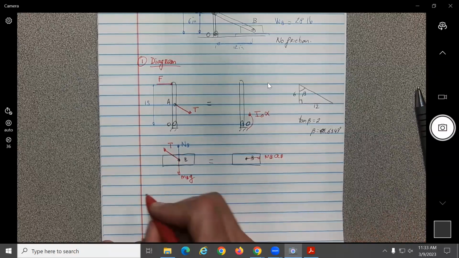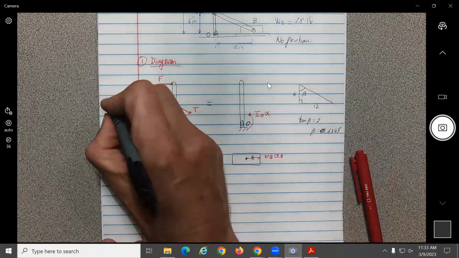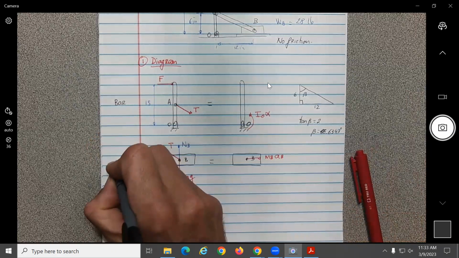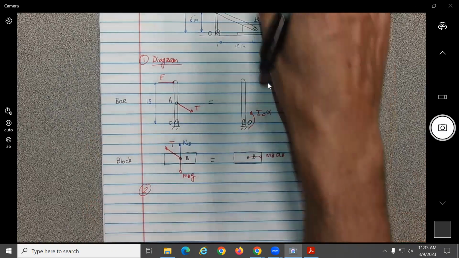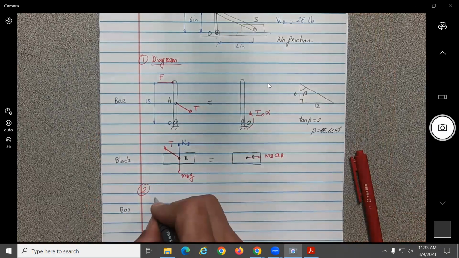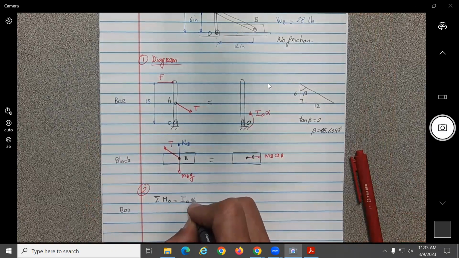All right, so step 2 now will be, let's say a bar, we're going to call this one bar, this one block. So for the bar, what is the only equation we need to apply? Sum of the moments equal to I_O alpha.